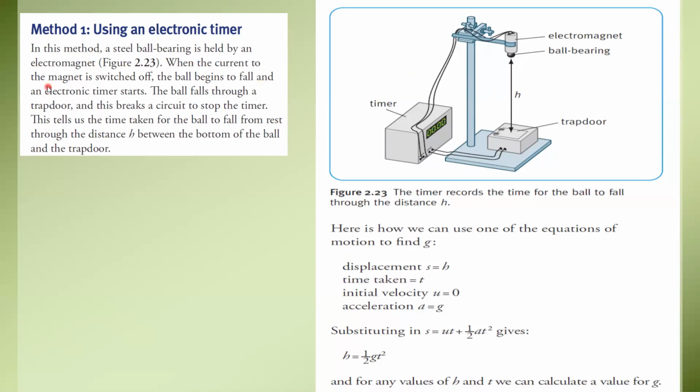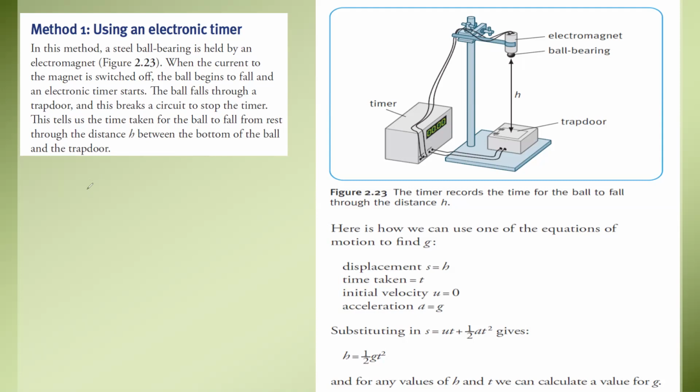When we cut off the current, the magnetic switch of the ball begins to fall and the electronic timer starts. As the ball falls through this trap door, it breaks the circuit and the timer will stop. That is the time taken by the ball to fall this height. So we measure this height by using a meter rule, and the time is already there in the timer.